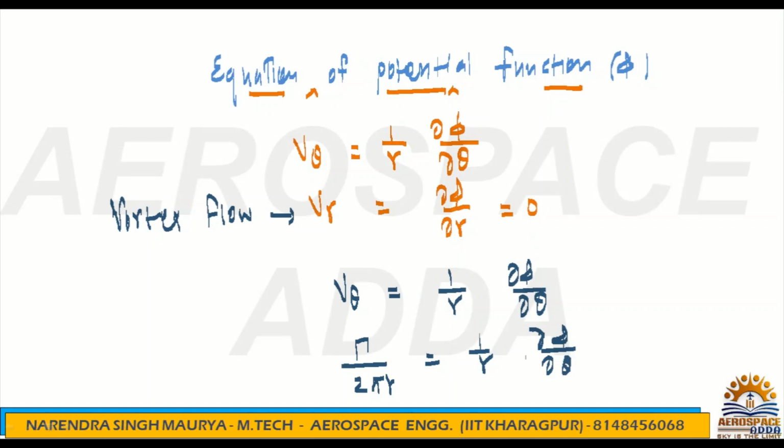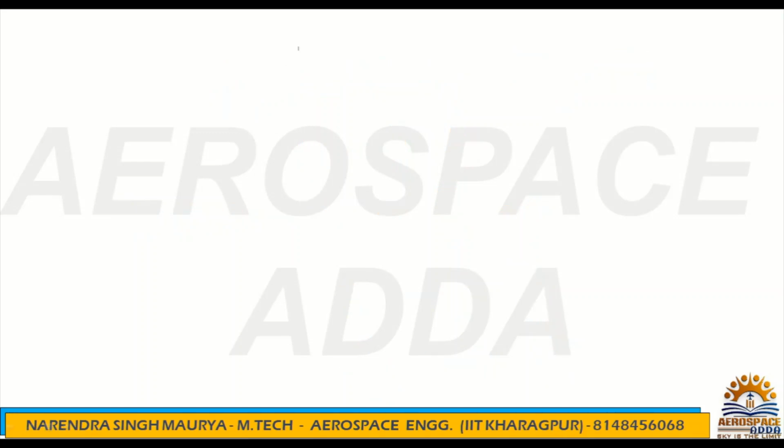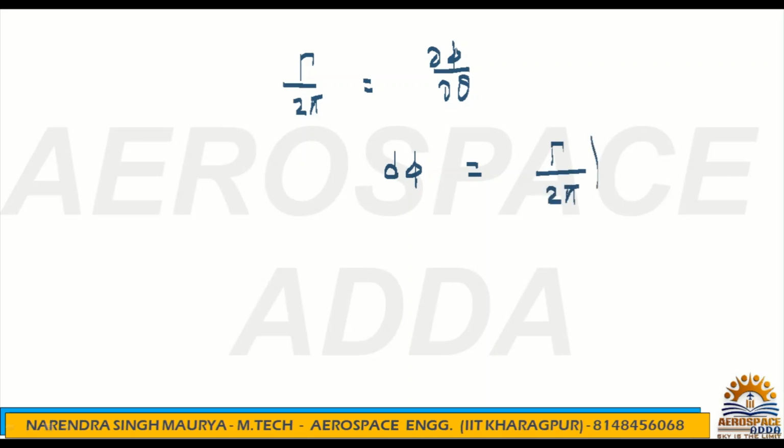Equating, 1 by r dou phi by dou theta equals circulation upon 2 pi r. So r cancels out, and you get dou phi by dou theta equal to circulation upon 2 pi, or you can write d phi equals circulation by 2 pi into d theta.